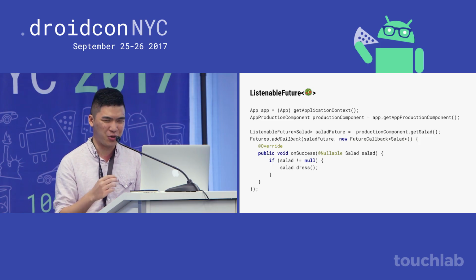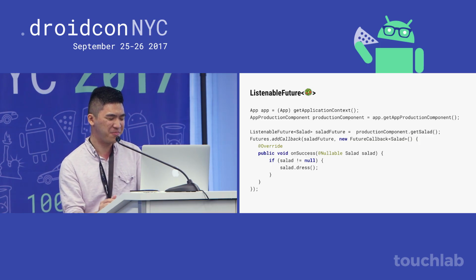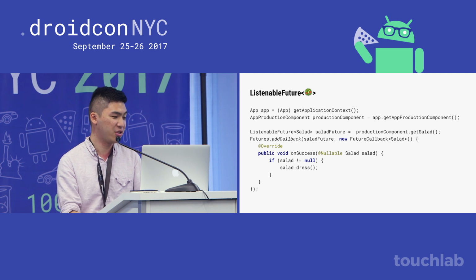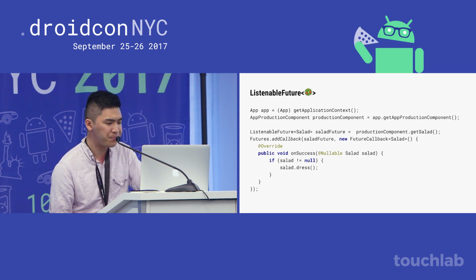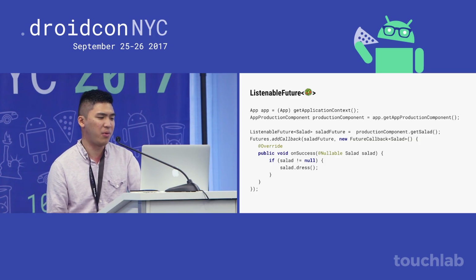So that's something to keep in mind. Now that you're doing these things asynchronously, the thread that you're on matters. In this case, I didn't add any specific thread, so the callback will be called on the main thread.